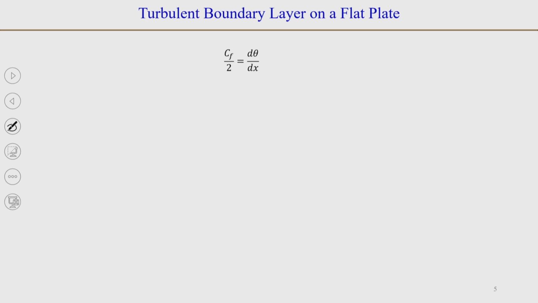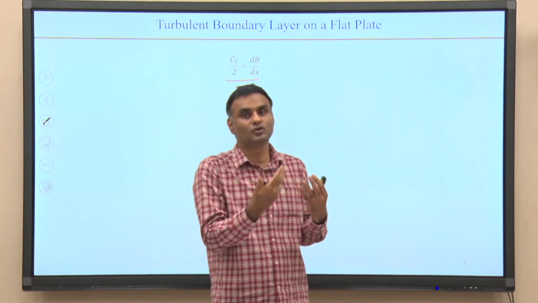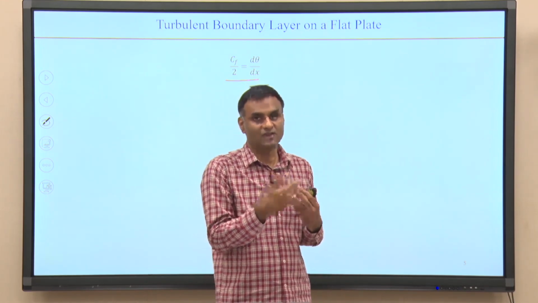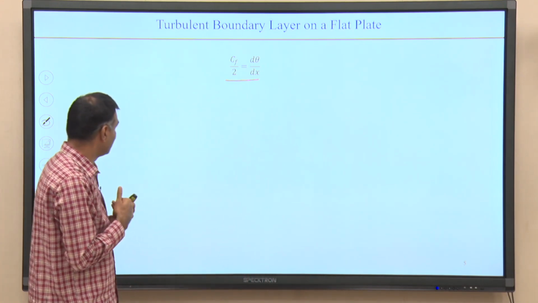So, our momentum integral equation, when we wrote it in terms of Cf, was Cf by 2 equals d theta by dx. Now, theta, remember, we will need to know the velocity profile: integral 0 to delta of u by u infinity into 1 minus u by u infinity, dy. So, we will need to know u as a function of y, or u by u infinity as a function of y by delta.